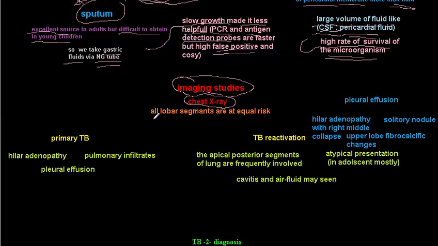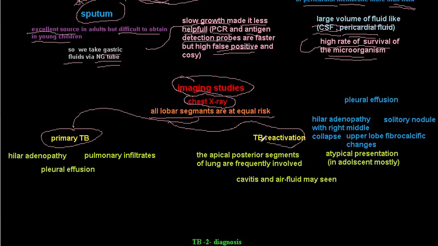Okay, all lobe segments are at equal risk of TB. Actually, we have some differences in the chest X-ray appearance between primary TB and TB reactivation. In primary TB, you mostly see hilar lymphadenopathy, pleural effusion, pulmonary infiltrates, and so on.